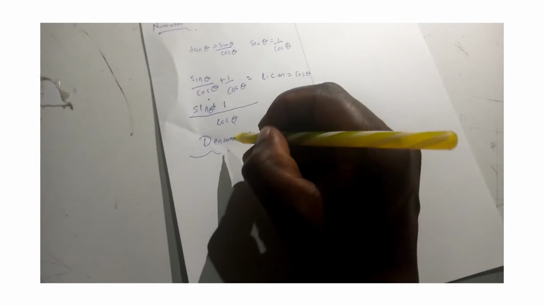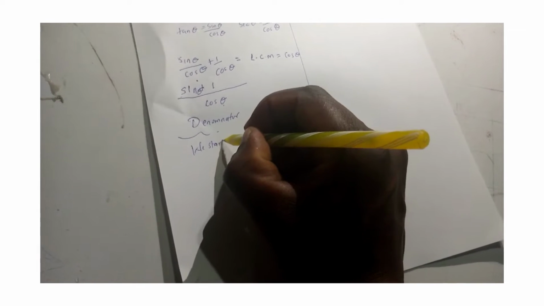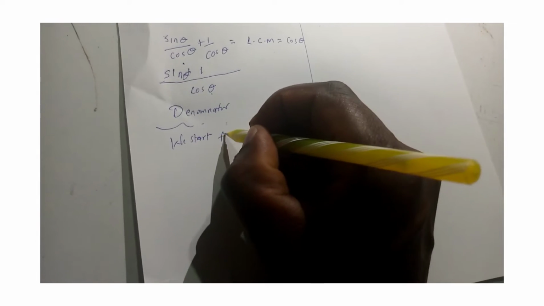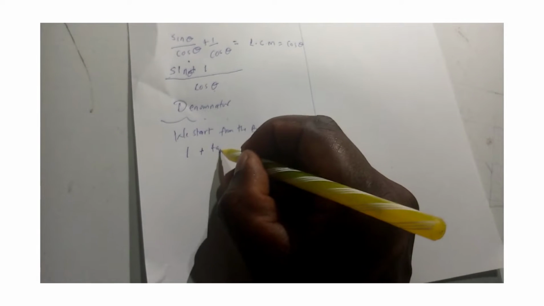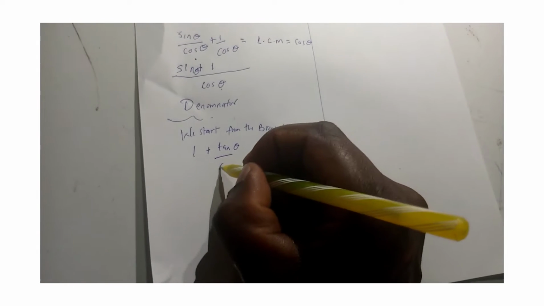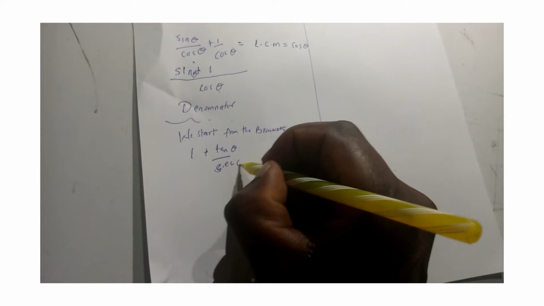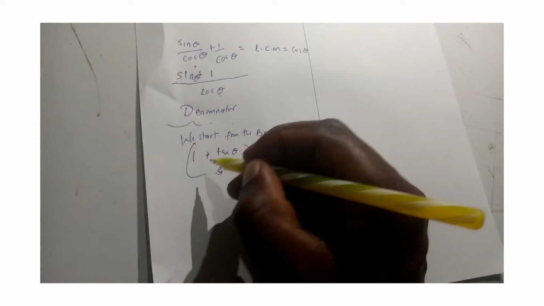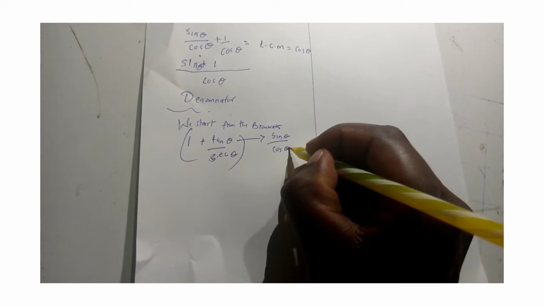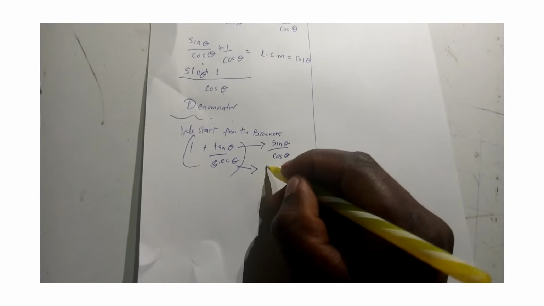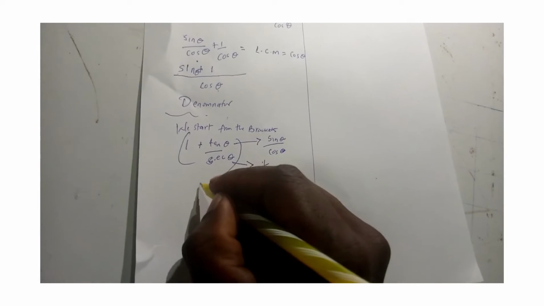On the denominator part, we start with the brackets. On the bracket side, we have 1 plus tan theta over sec theta. Tan theta is equal to sin theta over cos theta, and sec theta is equal to 1 over cos theta.